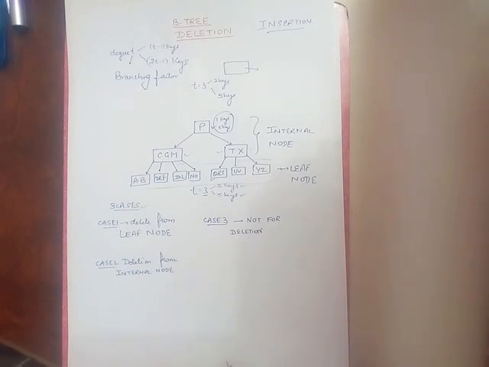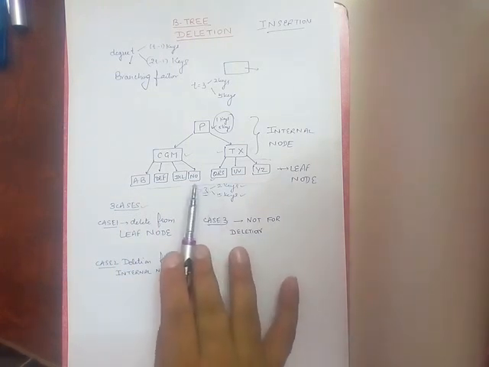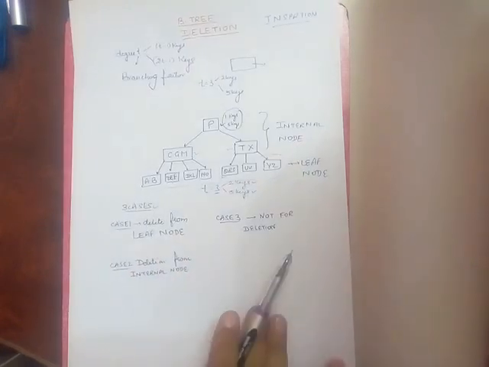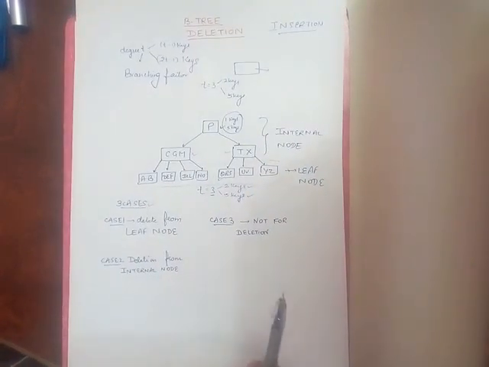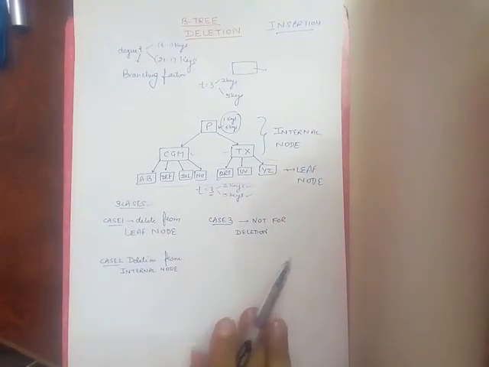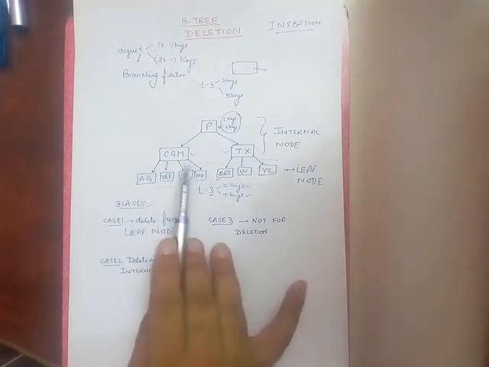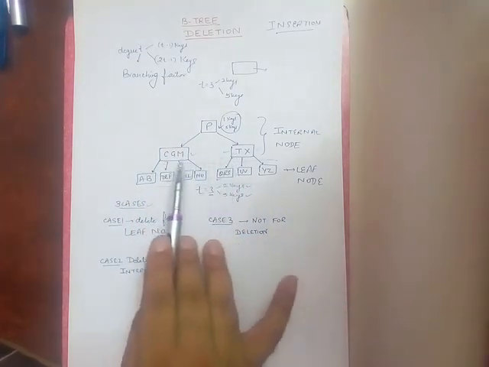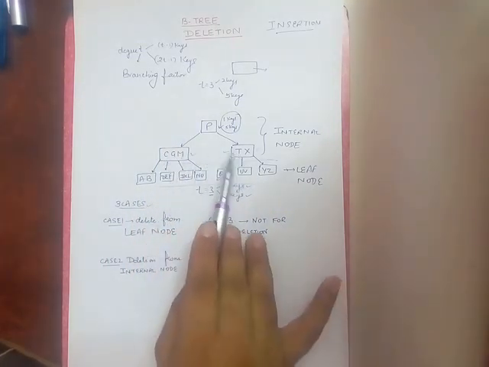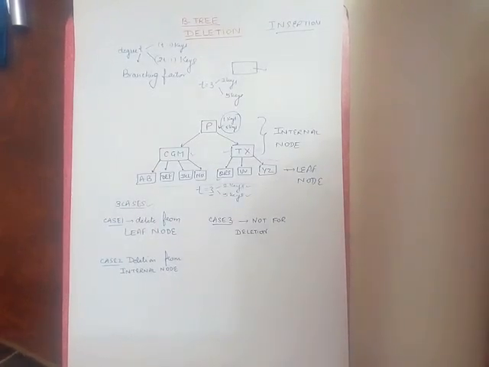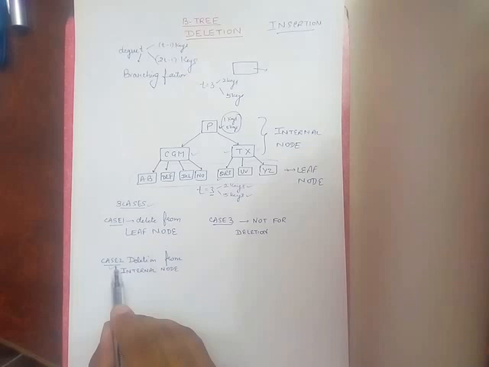What I am trying to say is that if we are deleting any key from the leaf node, then case 1 is applied, and if we are deleting any key from the internal node, that is CGM or TX or P, then it is the deletion from the internal node and case 2 will be applied.